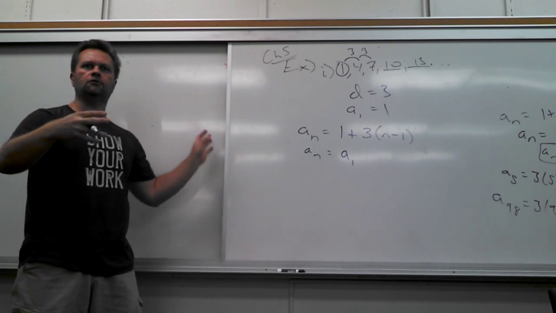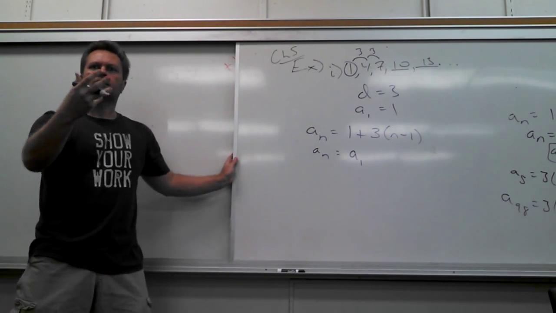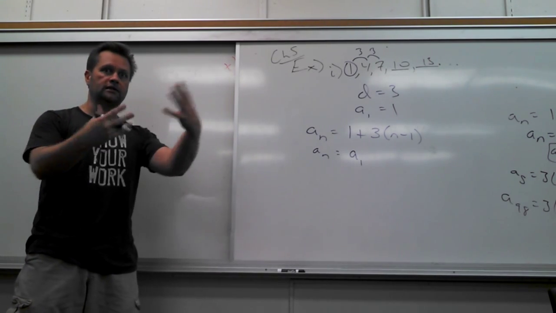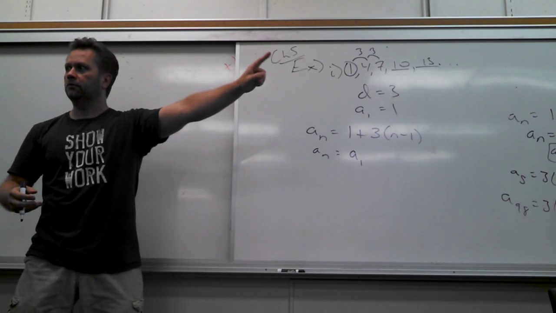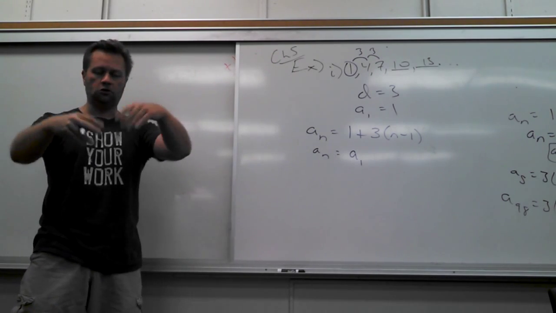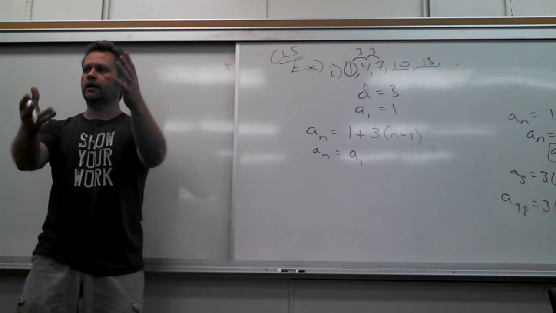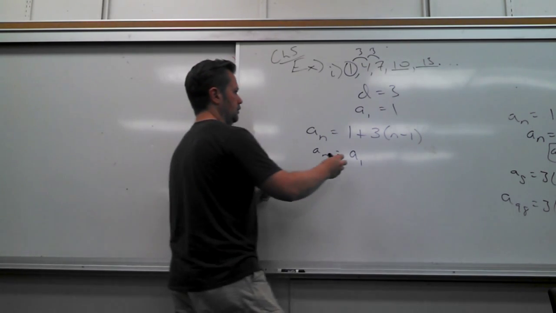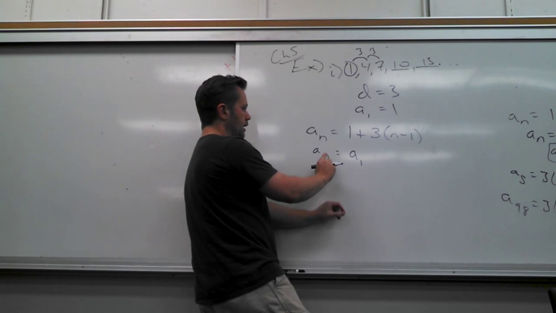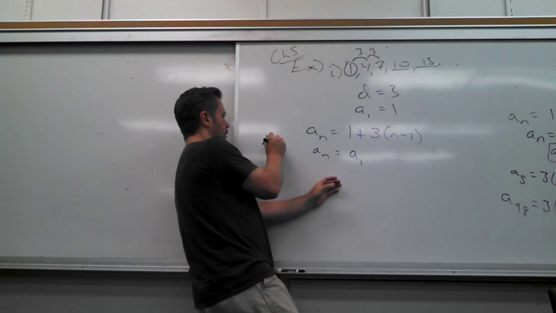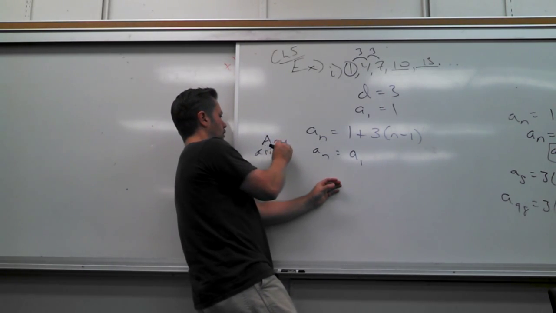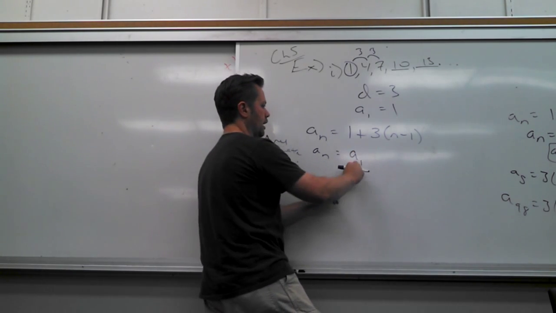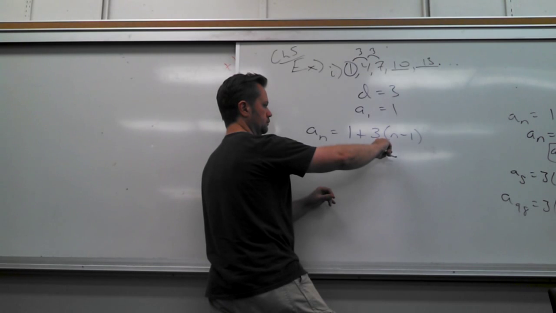I didn't want to just straight up define A2, A3. I'm hoping through this you've picked up that A7 means the 7th term. AN means you tell me what N is, and I'll tell you what that term is. That's why it's based on N. So in general, for any arithmetic sequence, if I can identify A1, what was 3?